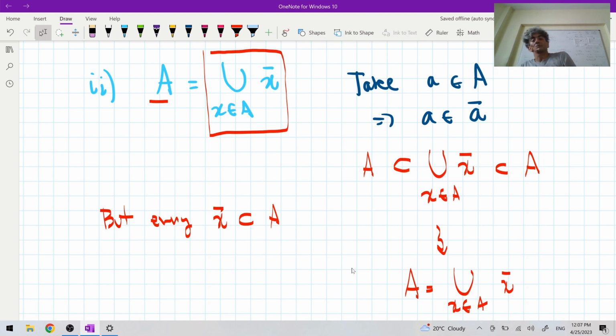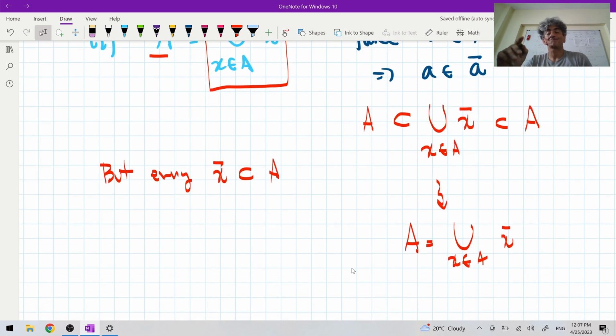And this shows what we needed to show. A can be expressed as a union of equivalence classes. Okay? And this union is disjoint.